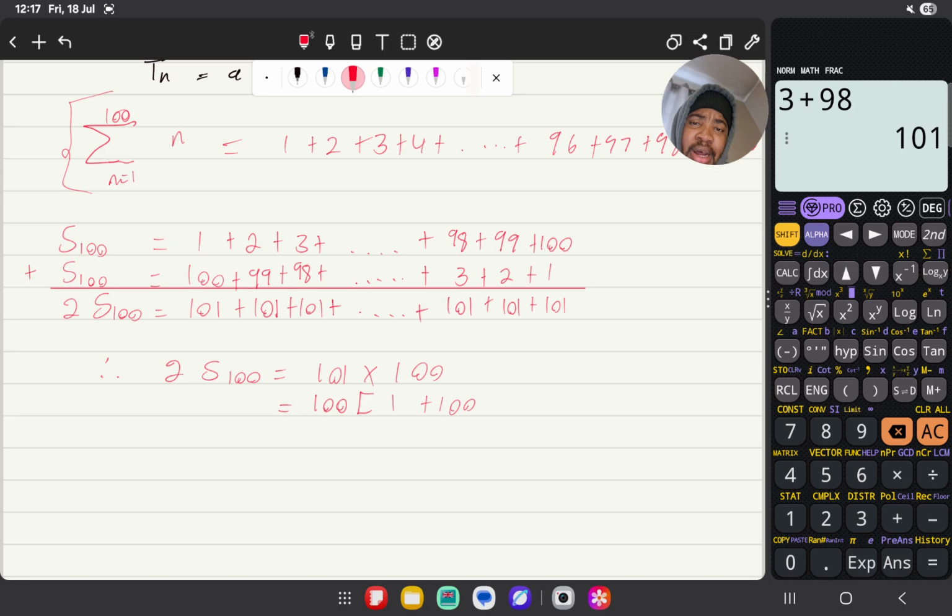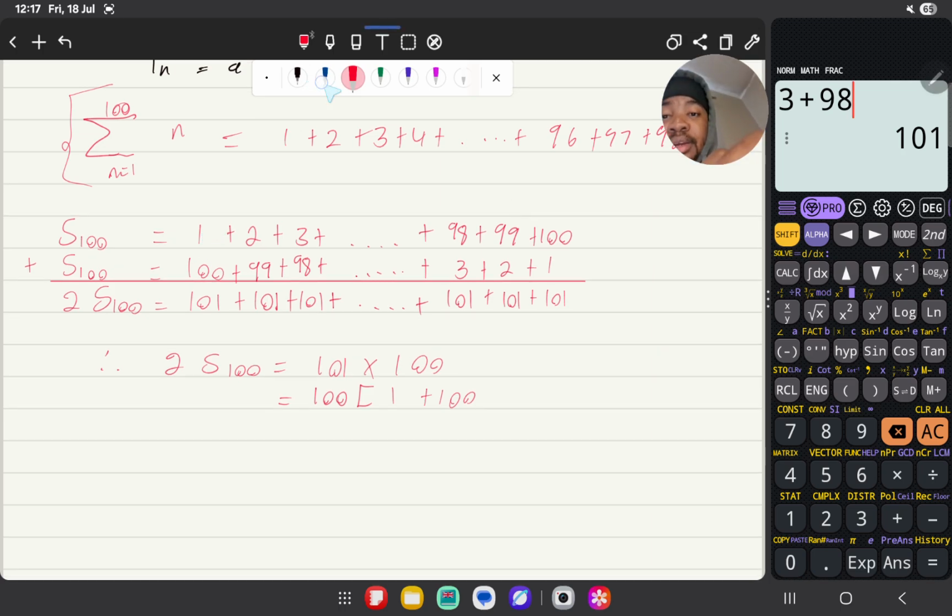So we used the first term, a, and the last value to get this 101. I'm going somewhere here.